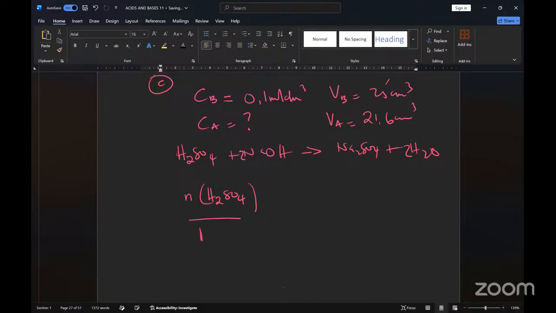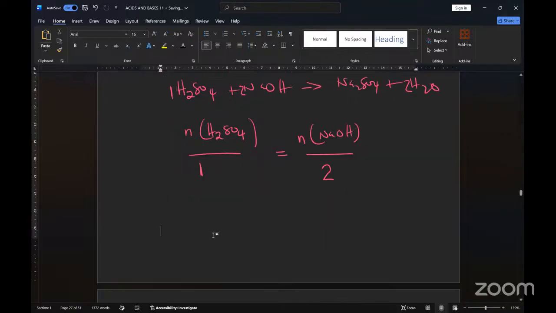The number here, the coefficient 1, must be equal to the number of moles of what? Sodium hydroxide divided by its coefficient here, which is 2. Okay? So, we know previously that number of moles is equal to concentration times volume.